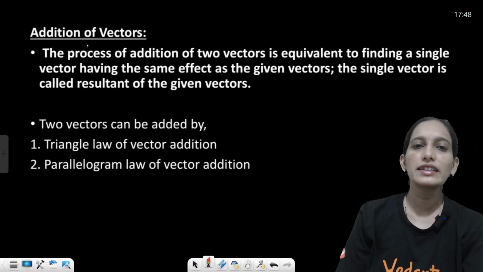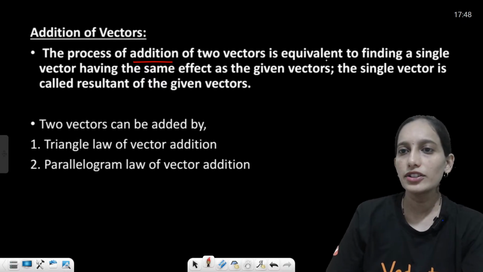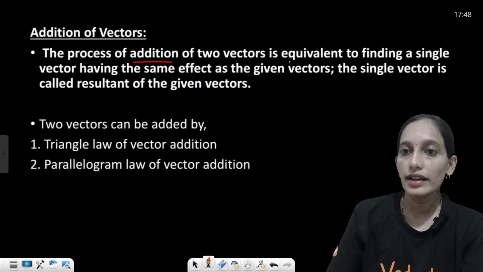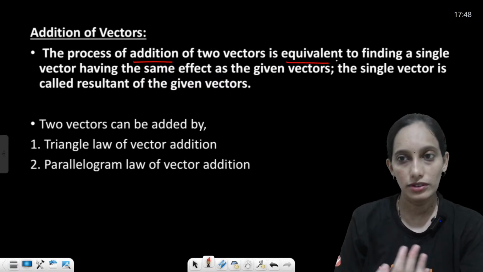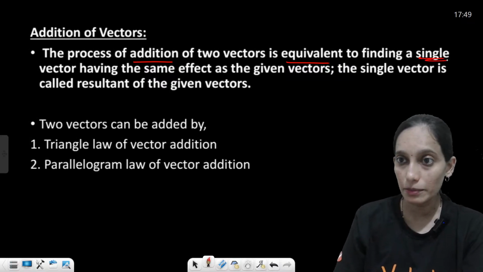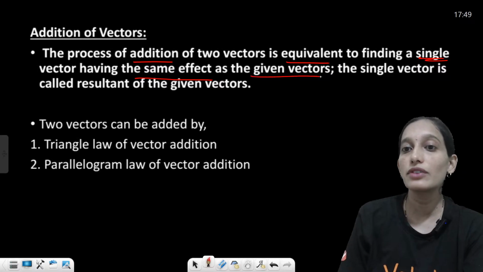Basically, addition of vectors means, let us say we have two or more vectors. We have to try to find an equivalent vector, a single vector basically, which is going to give us the same effect as the given vectors.